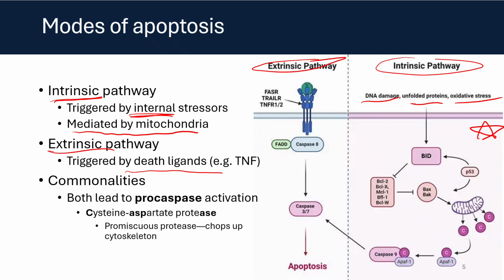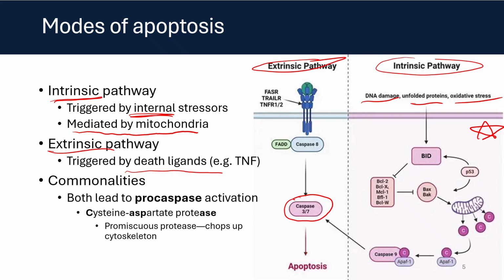And once the receptor binds that signal, it generates a series of reactions and protein reconfigurations throughout the inside of the cell that ultimately lead to the activation of caspases.